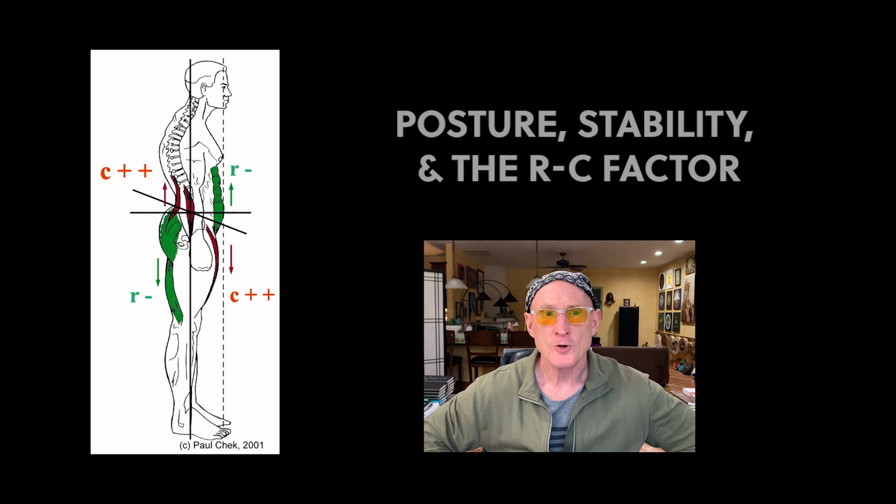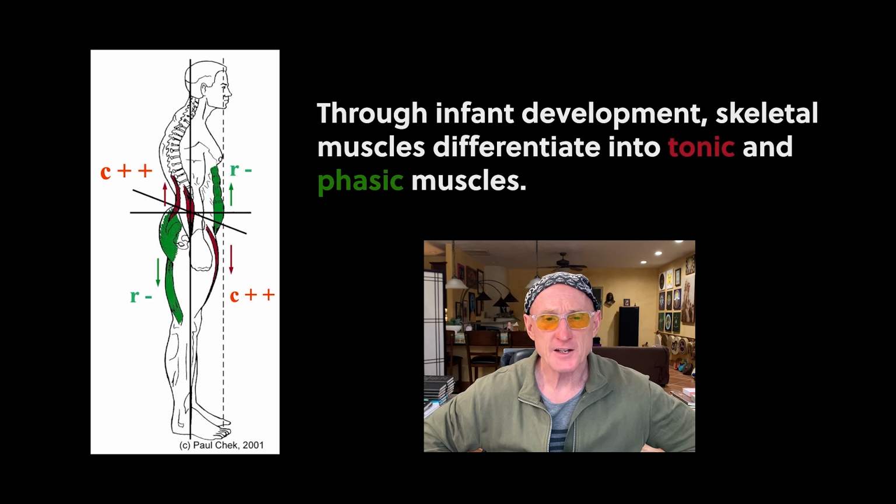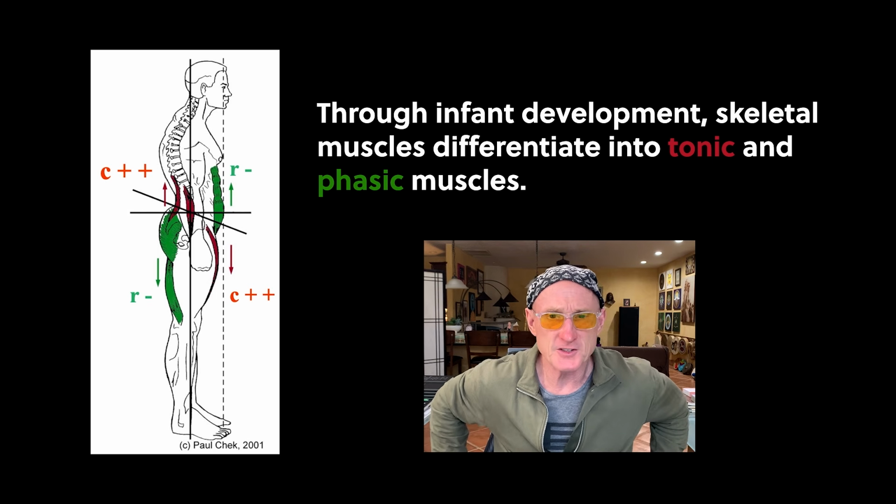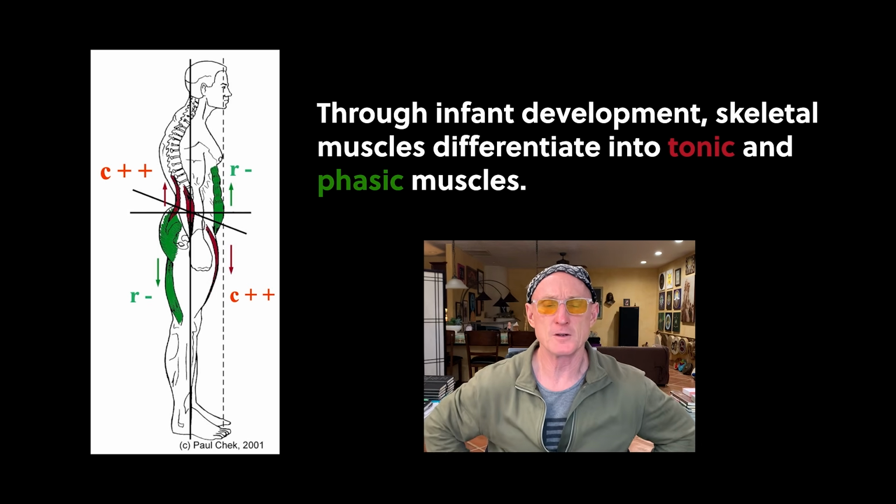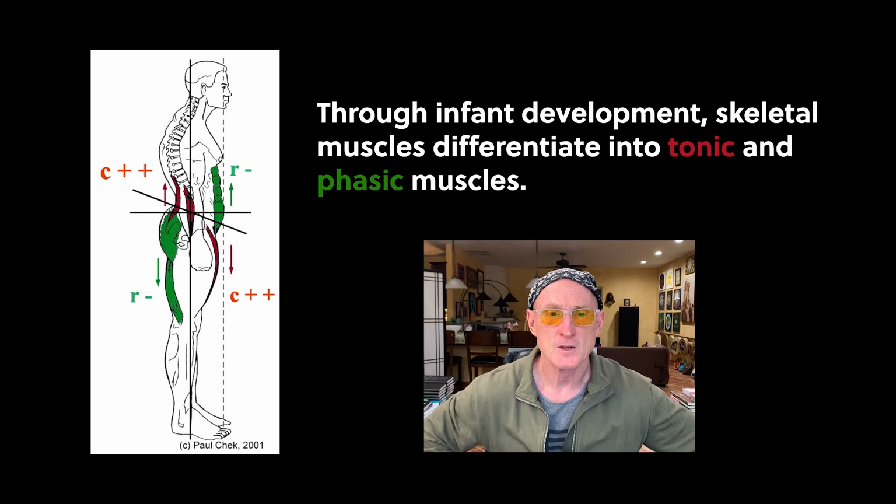So the way the body differentiates: when we're born, we don't yet have a differentiated motor system. All the muscles of the musculoskeletal system, aside from the smooth muscles in the organs, are not specified yet. So it's through infant development, which we'll talk about in a little bit, that the movements we do and the way we encounter gravity trigger the adaptation of these muscles to do their specific roles.